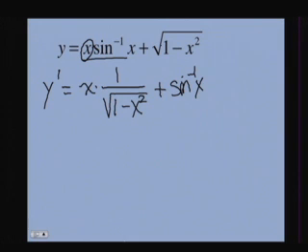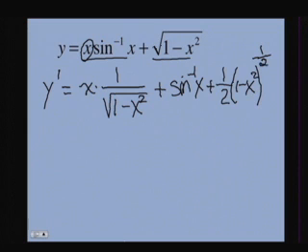Then we need to take the derivative of this second term, and we need to write it as 1/2, and then we're going to write it as 1 minus x squared raised to the negative 1/2, but we have to apply the chain rule, and so that's going to be times negative 2x.